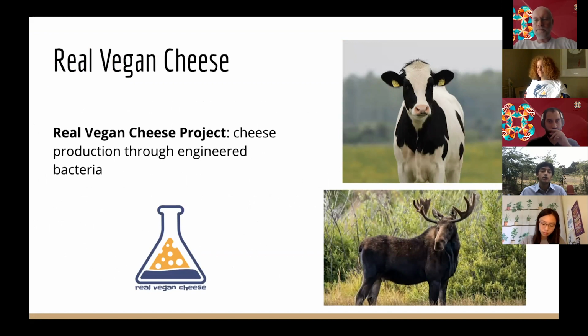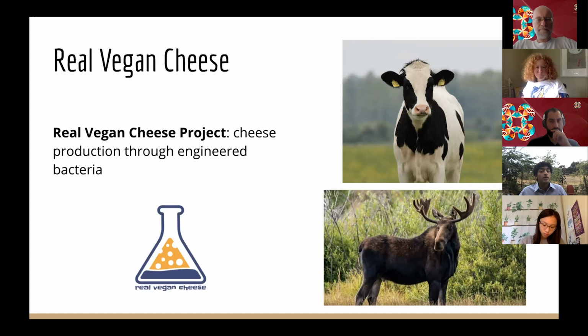To introduce our Real Vegan Cheese Project, the whole project idea is to make real cheese through engineered bacteria. In theory, we would take a portion of the cow's genome that codes for the milk proteins and have these bacteria make those proteins for us instead of having the cow make the milk. Then, after making those proteins, we'd make our synthetic milk, which will then be used to make cheese, and we would go through the whole cheese making process.